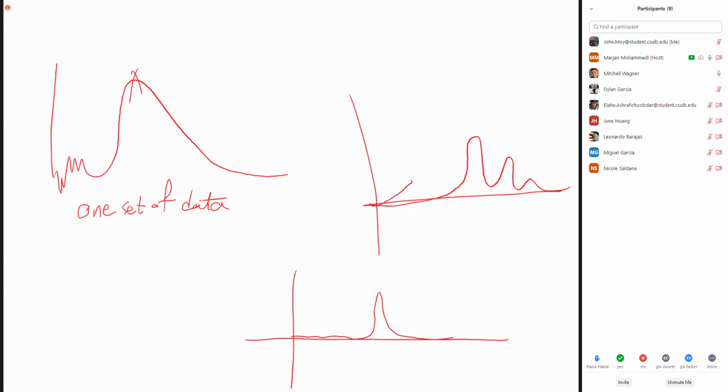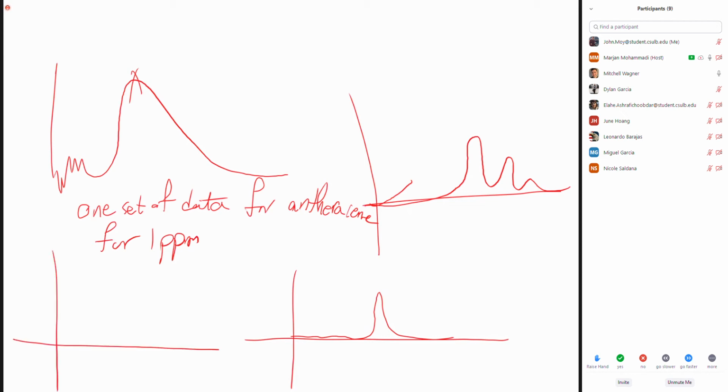One set of data for anthracene, for one ppm. You may want to make a note of that. So include all of those in one graph.